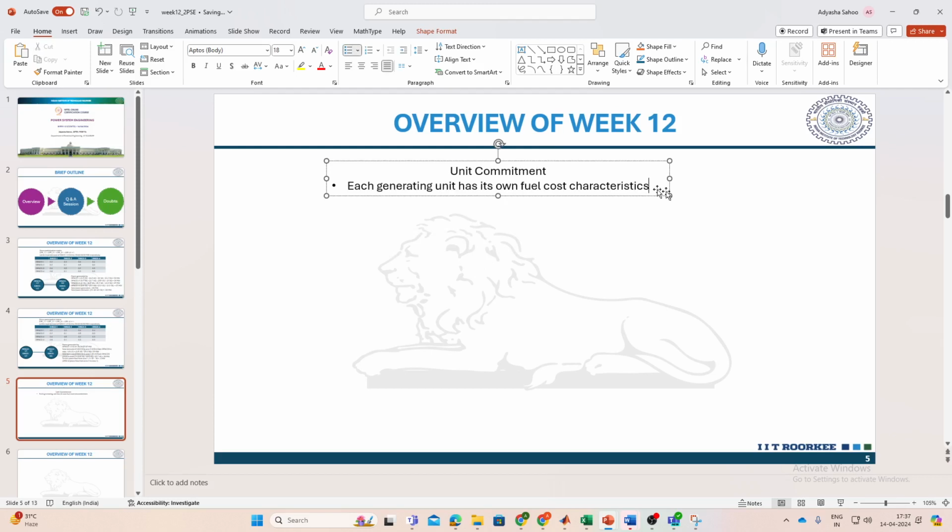So what is this fuel cost characteristics? It is nothing but the amount of fuel or raw material that is required by that generating unit to generate a certain amount of power. This fuel cost characteristics is a quadratic function.